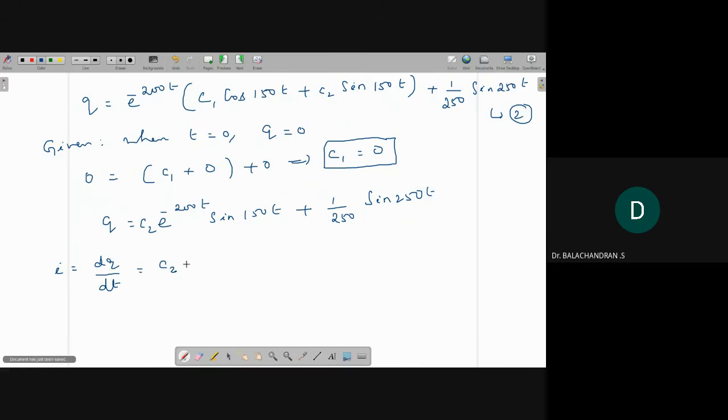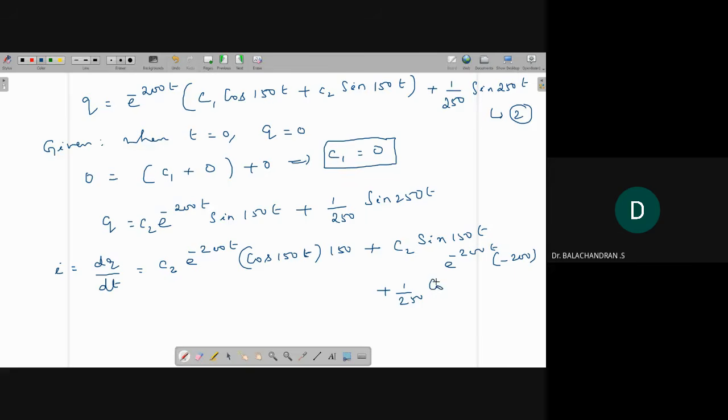So which is equal to C2 into, if you keep e power minus 200t as it is and differentiate sine 150t, you'll get cos 150t into 150, plus you should keep C2 into sine 150t and differentiate e power minus 200t, you'll get e power minus 200t into minus 200, plus 1 by 250 into cos 250t into 250.